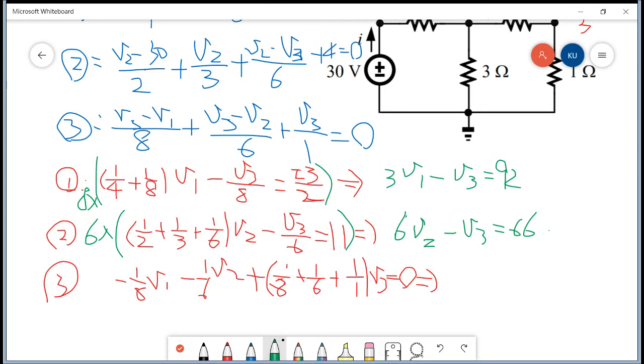So we can multiply both sides by 24. Finally we have minus 3V1 minus 4V2 plus 31V3 equals 0.